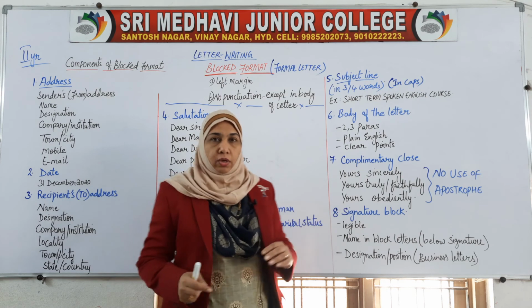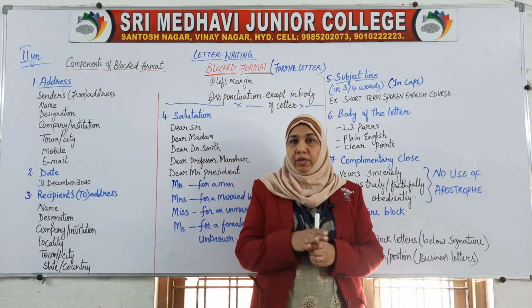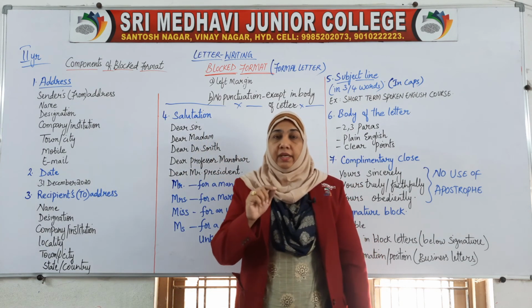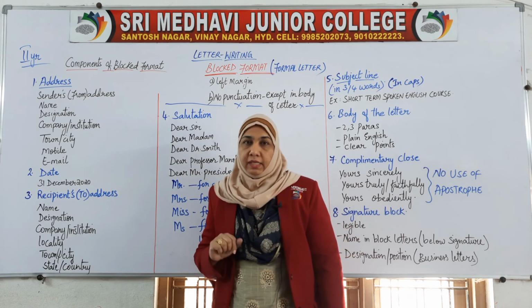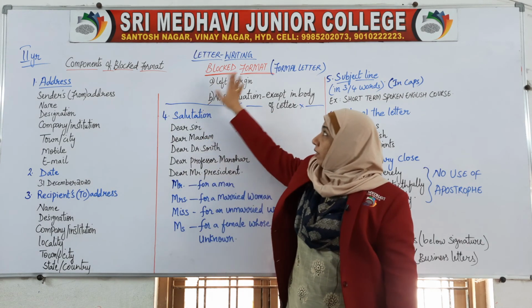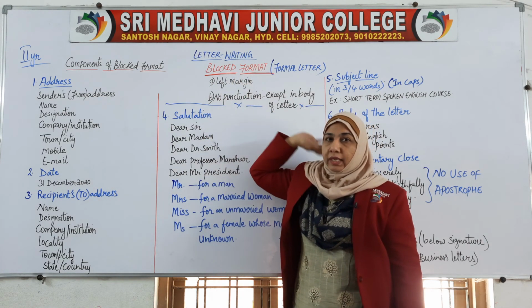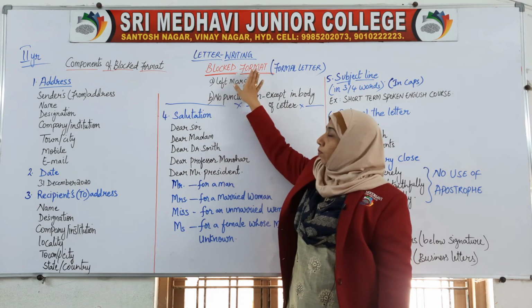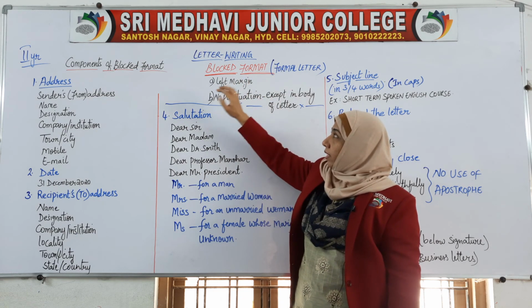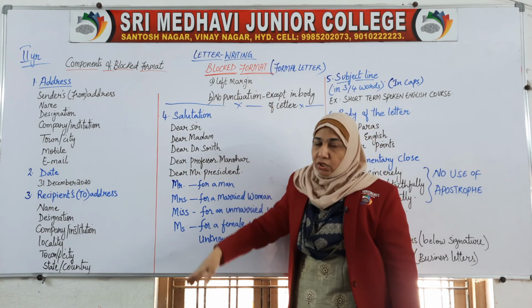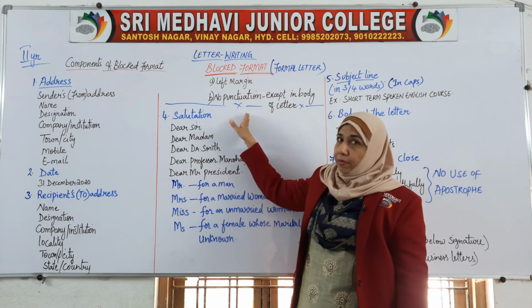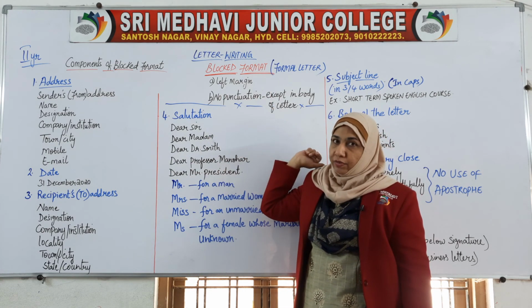When you follow all those, then you can definitely do better and you will get all the marks that are needed. Okay, what we have learned today, let's do a quick revision. Blocked format in a formal letter should be from the left margin totally, and no punctuation except in the body of the letter.